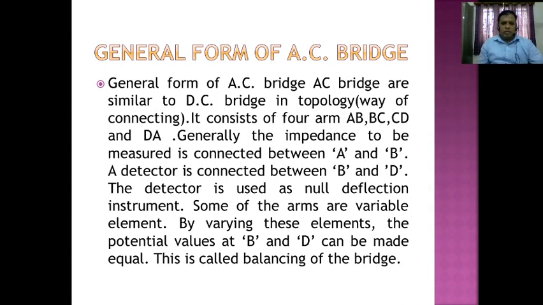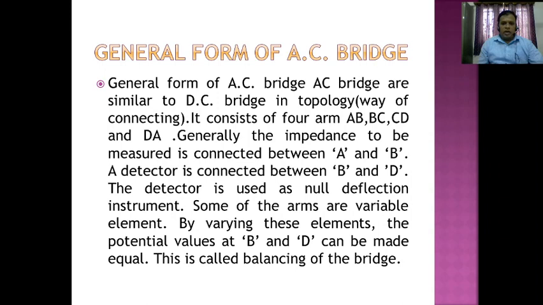Generally the impedance to be measured is connected between A and B. So we are having this A and B in the figure in the next slide, and this detector is connected between B and D. So A and B we are having, and also we are having the terminals B and D. Impedances are connected in AB, BC, CD and DA, whereas the detector is connected between B and D. The detector is used as null deflection instrument, and some of the arms are variable elements.